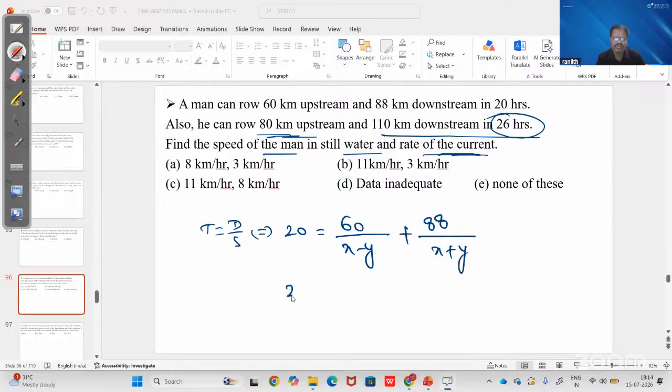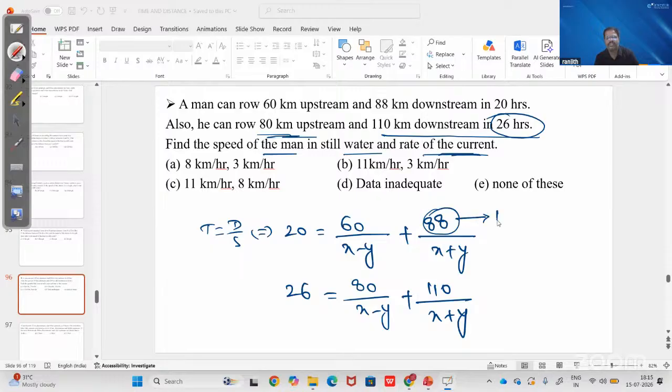Next, 26 equals 80 by x minus y plus 110 by x plus y. Whatever the x and y values, it should be a multiple of the factor of 88, that is, a multiple of 11. So x and y sums should be multiples of 11. So here also a multiple of 11.